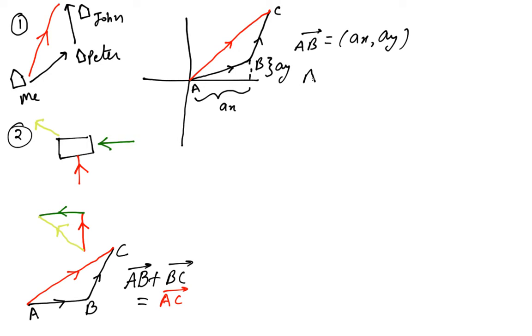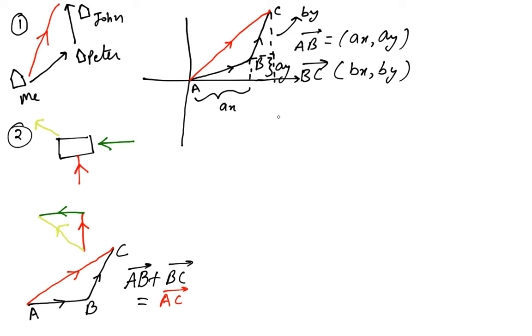Similarly, let's say the Cartesian representation of vector BC is BX comma BY. Again, sorry for the clumsiness here, this is BY, and similarly this base is BX. Let me draw arrows, right? So this is BY, this is BX, this is AX, and this thing is AY.